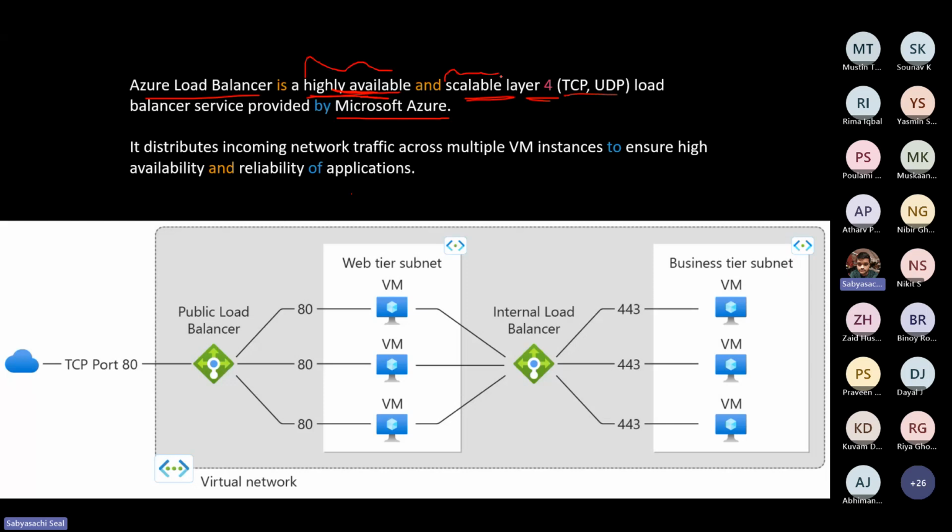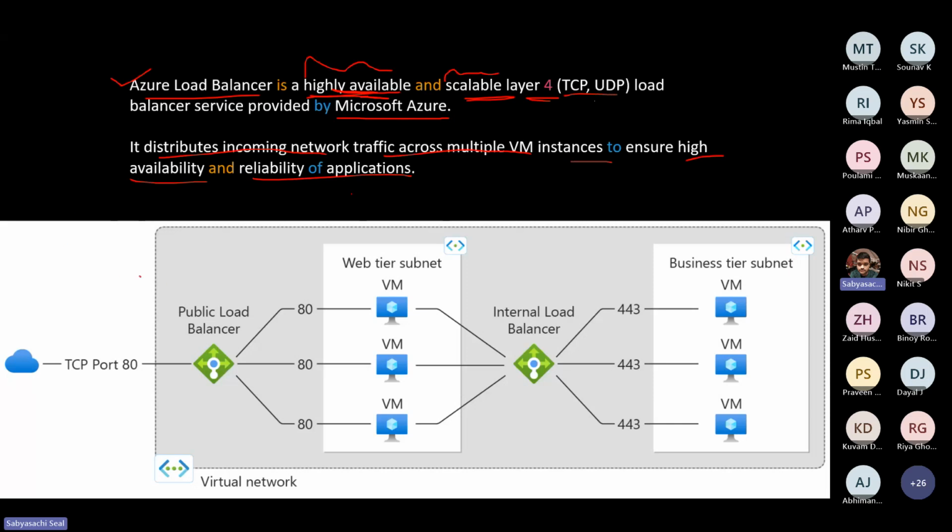It is highly available, that is, it can be deployed in multiple regions. Alongside that, it is highly scalable. So if users increase, its computing power also increases. No issues. So Azure Load Balancer is a highly available and scalable layer 4 TCP UDP load balancer provided by Microsoft Azure. It distributes incoming traffic across multiple VM instances to ensure high availability and reliability of applications.